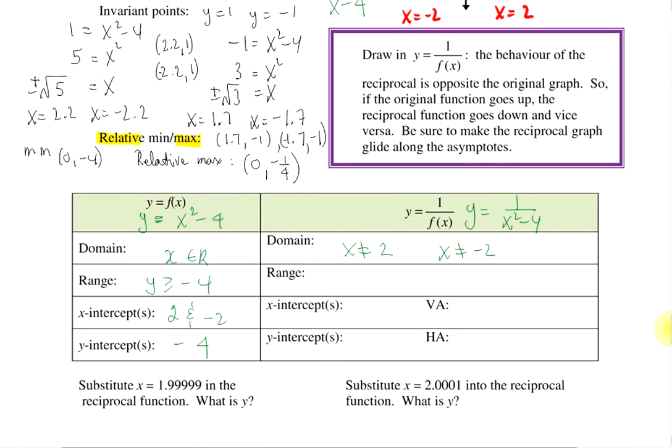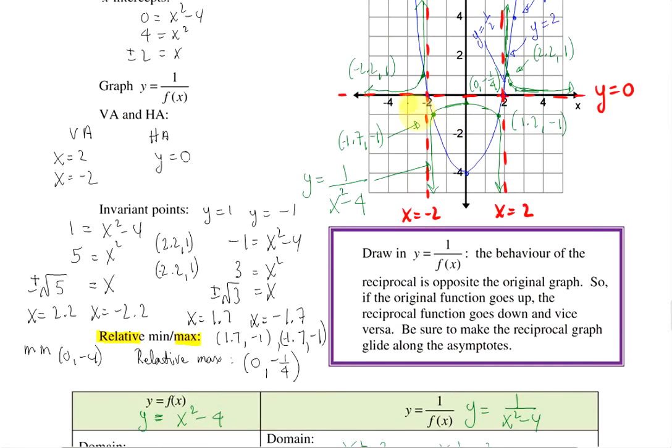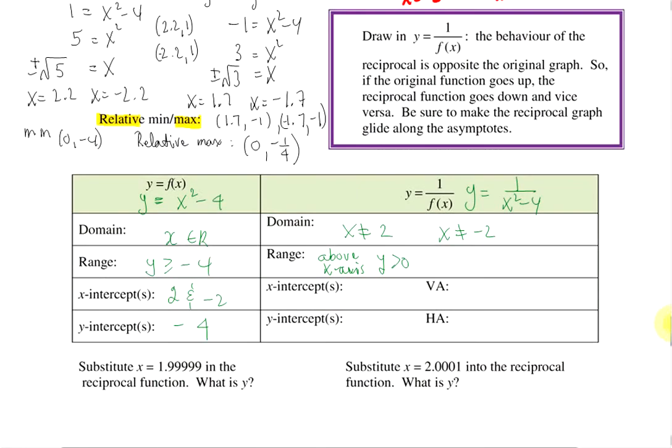So we say that above the x-axis, y is greater than 0. If you take a look below the x-axis, we have what looks like a parabola opening down, and we can see that its maximum point is at (0, negative 1/4). So that means that below the x-axis, y is less than or equal to negative 1 over 4.